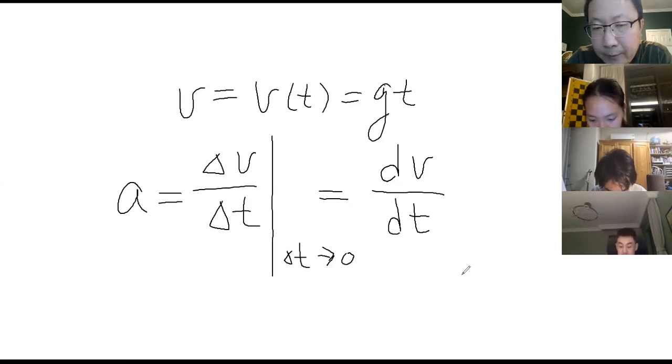Okay. Can you derive this one quickly? What is the acceleration going to be based on the velocity equals g times t? I'll give you just 1 minute, then I'll come back.